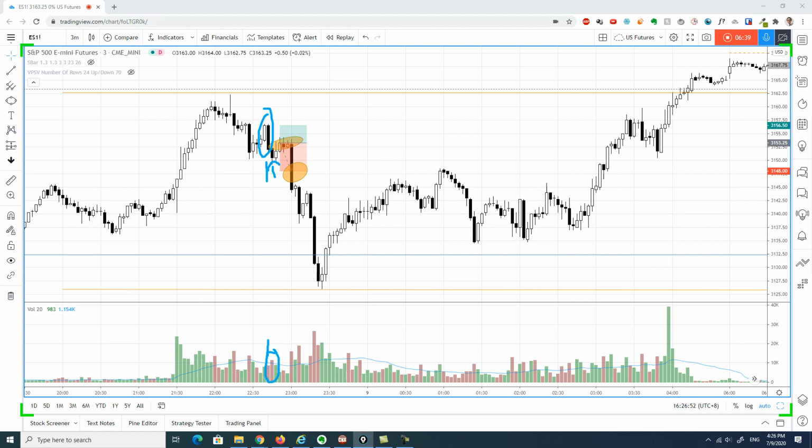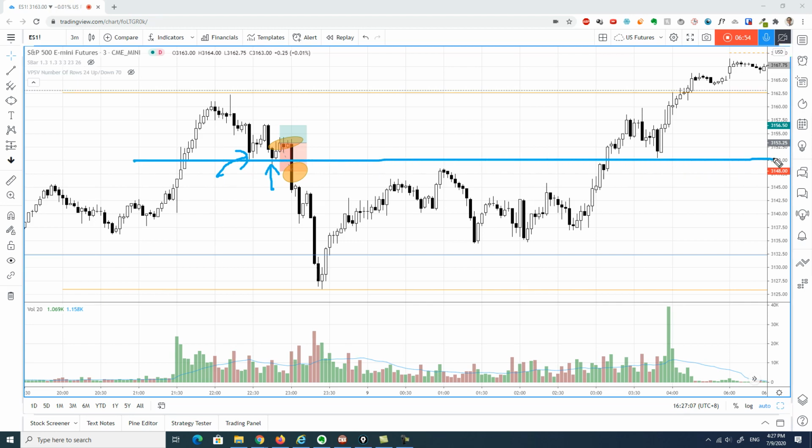So what does it mean? It simply means that the demand is in, and we have some demand showing up here. That happened as a test of this supply bar, at a level of around 3153, or close to the 3153 level here.